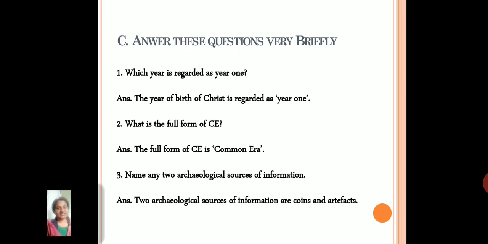Coins, C-O-I-N-S. Artifacts, A-R-T-E-F-A-C-T-S. So what is the answer? Please read your answer if you've written it. Check the spellings. Two archaeological sources of information are coins and artifacts.